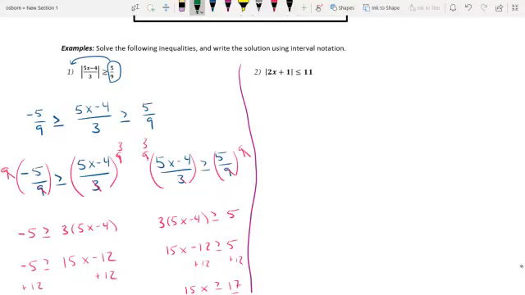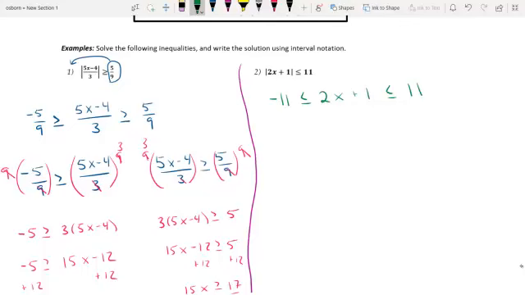So right away, I'm going to put that negative 11 less than or equal to 2x plus 1 less than or equal to 11. Now, this one, because it had the absolute value as less than or equal to, I know that it's going to stay in this format. I don't need to break it up.